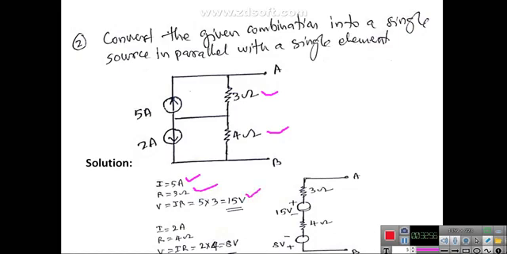So this part of the network will be represented by this voltage source in series with the resistance. The polarity of this 15 volts depends upon the direction of the current. The current delivered by the source will be upward, so that is the upward direction. This 3 ohm will be connected in series.